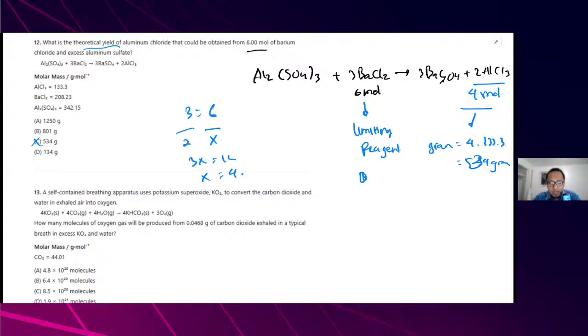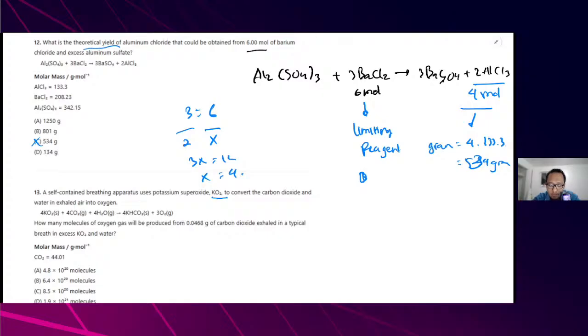Okay, so now we are moving to another question. A self-contained breathing apparatus uses potassium superoxide (KO2) to convert carbon dioxide and water in exhaled air into oxygen.